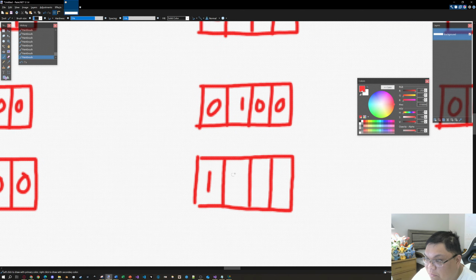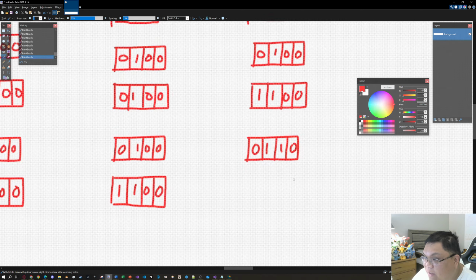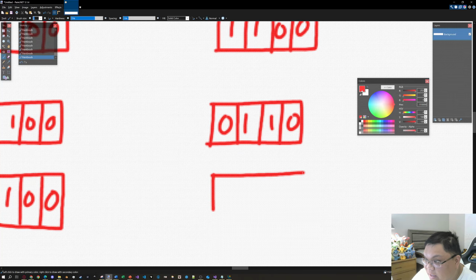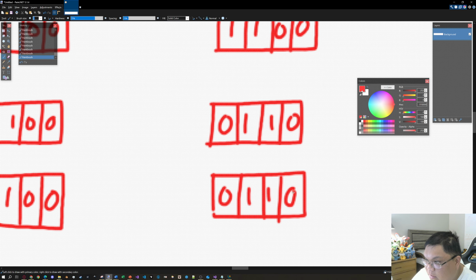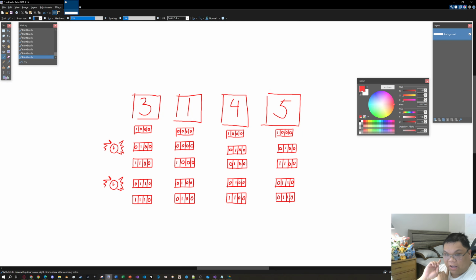So that would be 1100. And then page 5 is no longer accessed again. So that's 0110. Okay, so here is the trick.